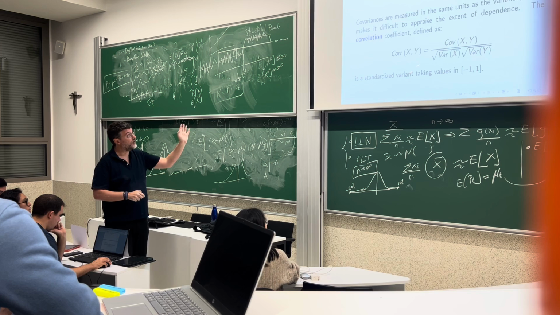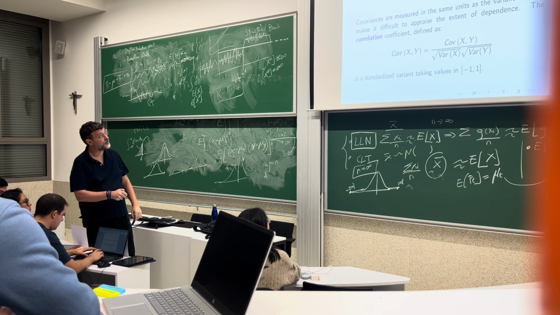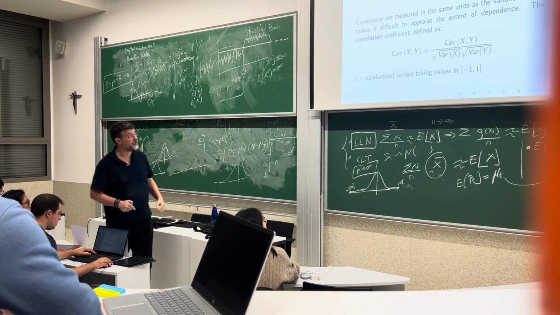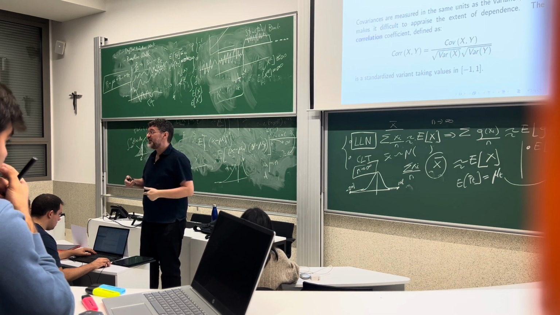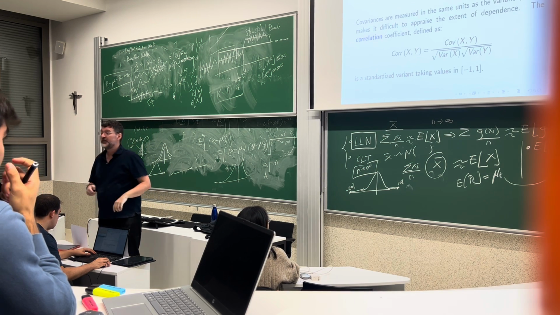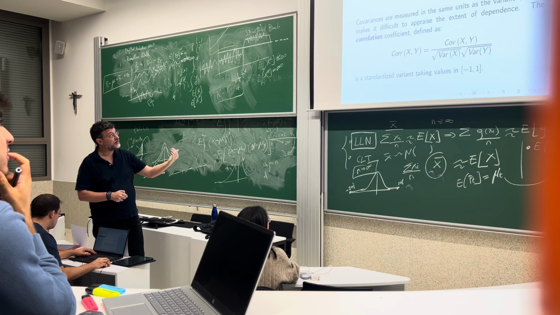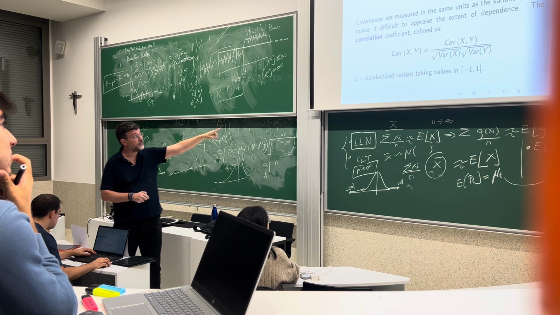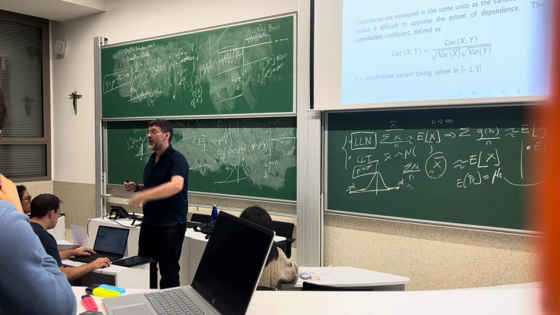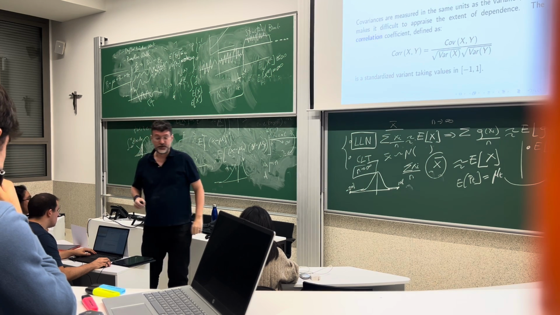If we move away from that context because the covariance is not zero, then correlation is capturing something. Plus one means perfect correlation, so they move together. It's a kind of redundancy. One is a linear combination of the other. One increases, so does the other. And negative correlation is exactly the same thing, but the other way around. When one increases, the other decreases.